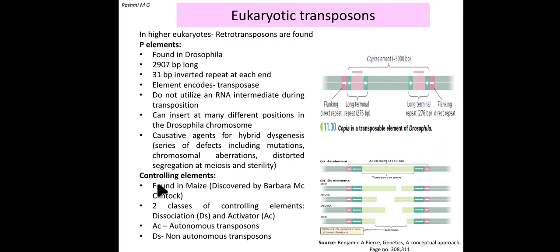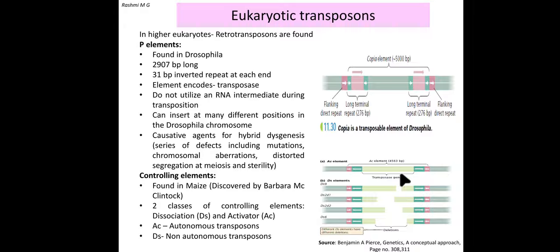The controlling elements in maize have inverted repeats, the flanking direct repeat regions, and two classes of controlling elements, that is Dissociation and Activator. Ds lacks the transposase gene.